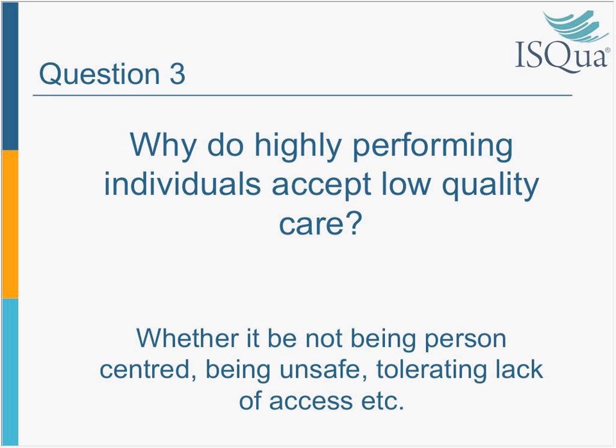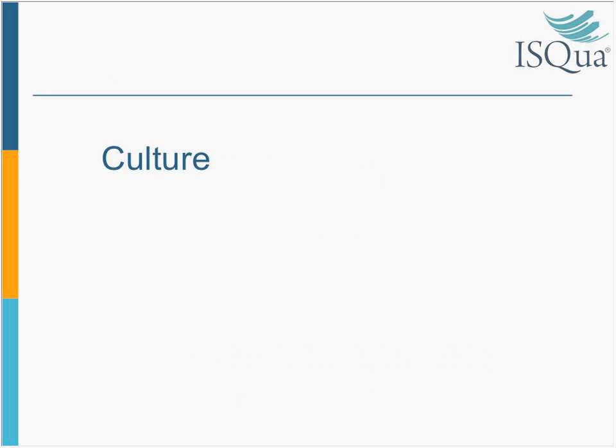But also what puzzles me is the third question. Do highly performing individuals, that is healthcare providers, accept low-quality care? Care that's not person-centered, that's unsafe, and has poor access. They accept what's going on as the norm, and perhaps we need to really think of what the key issue is. I'd say that the first big issue is one of culture, of complacency and of accepting this as the norm.